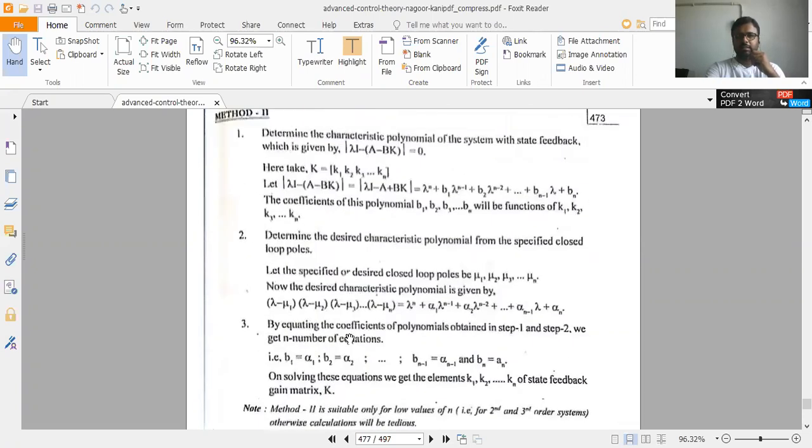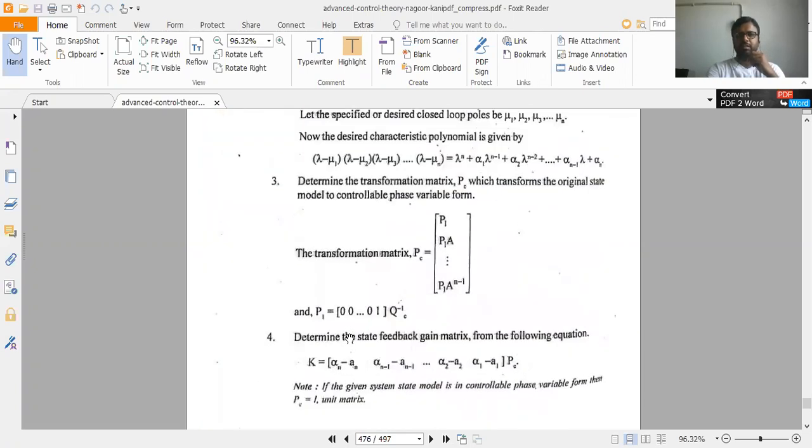As we have discussed in the first method, in the first method also, P1 should consist of the values 0, 0, and so on up to the last value being 1.